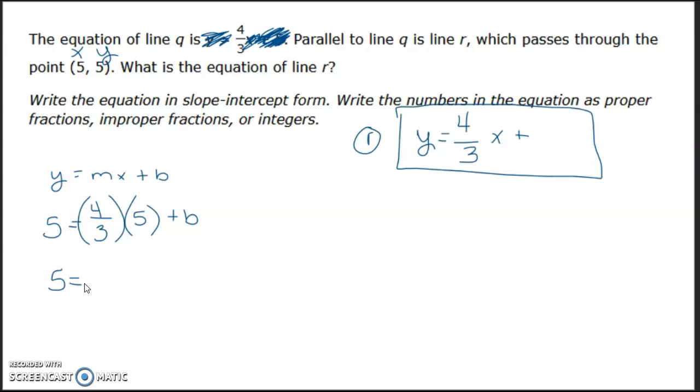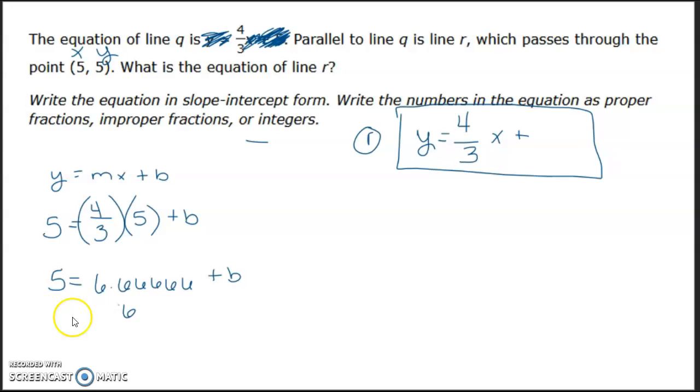It doesn't say to round yet. Okay, so let's just use this 1.3 times 5. So that gives us 6.66666, a bunch of sixes, plus b. The directions say to write the numbers in the equation as proper fractions, improper fractions, or integers, but it doesn't say to round to a certain amount, so we can go ahead. So let's just do minus 6.6, actually it'd be 6.7.